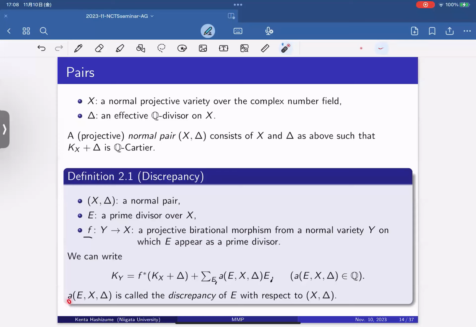And the coefficient of E in this divisor is called the discrepancy of E.